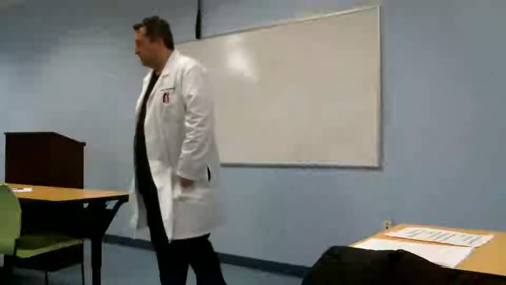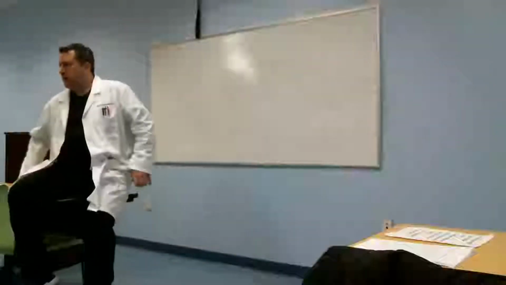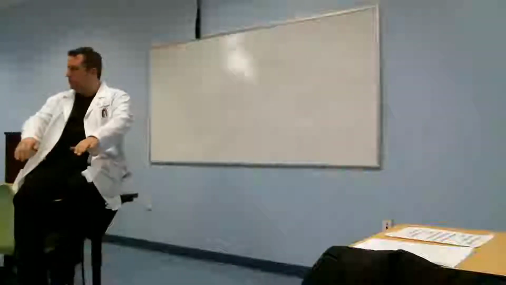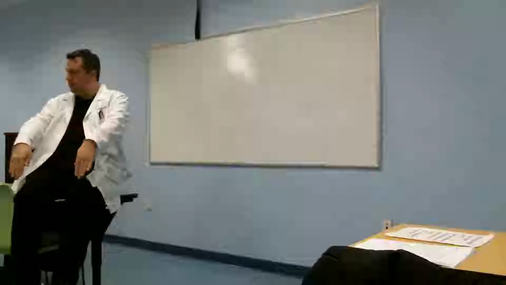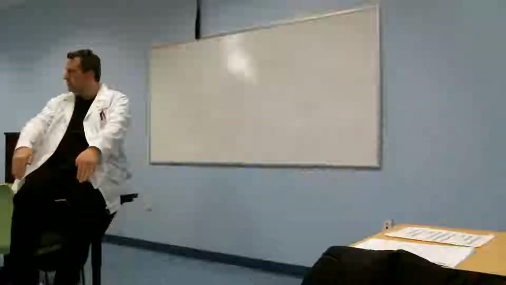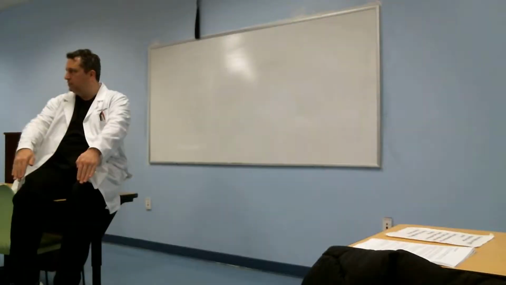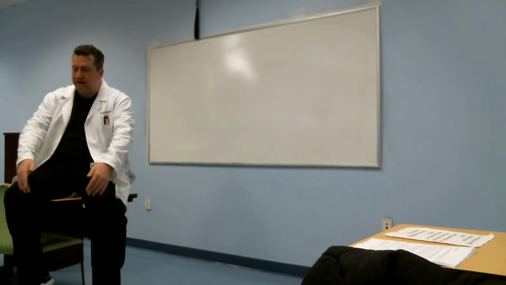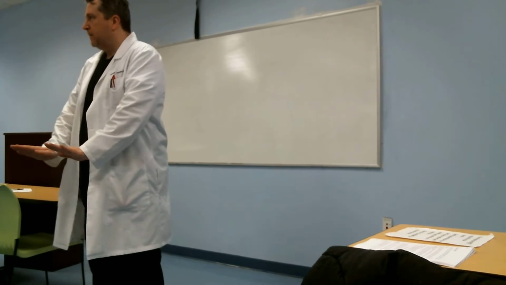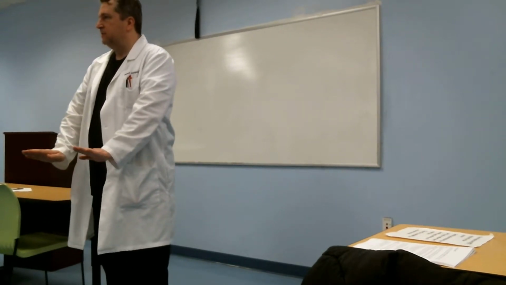If you're sitting down and you dorsiflex your toes, they're going to point up. If you plantar flex your toes, they're going to point down towards the plants. Dorsiflex up to the ceiling, plantar flex down towards the plants. But if you're standing and you plantar flex, it's going to put you up on your tippy toes.